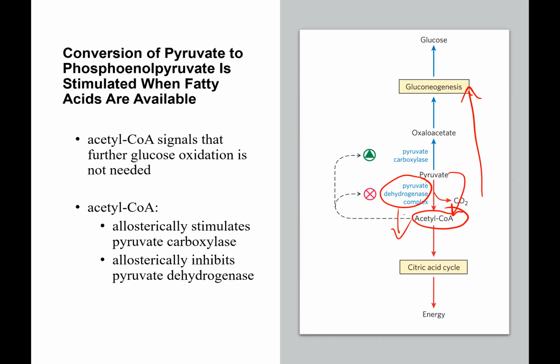So the logic is always there. Plentiful energy stores stimulate synthesis, stimulate anabolism, right? The buildup of energy-rich compounds, slow down on catabolism, which includes not just glycolysis, but things like the citric acid cycle.